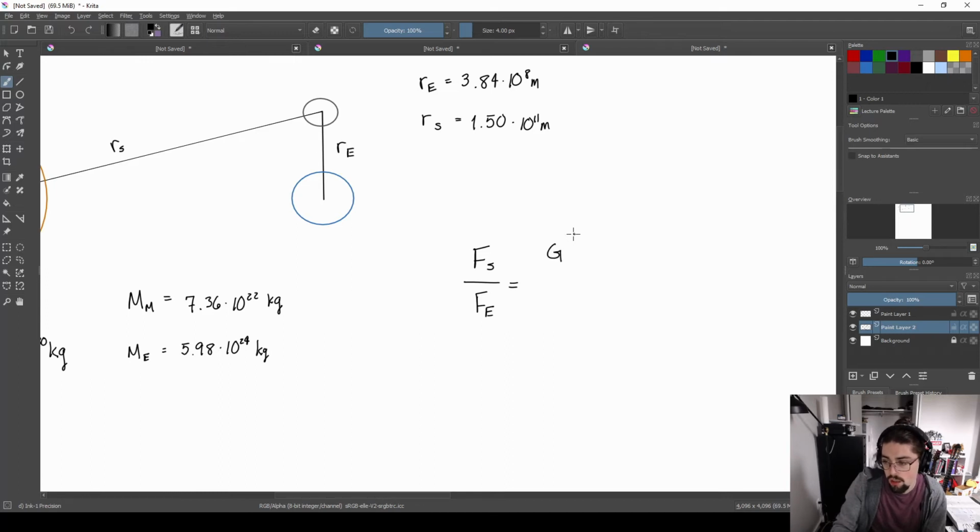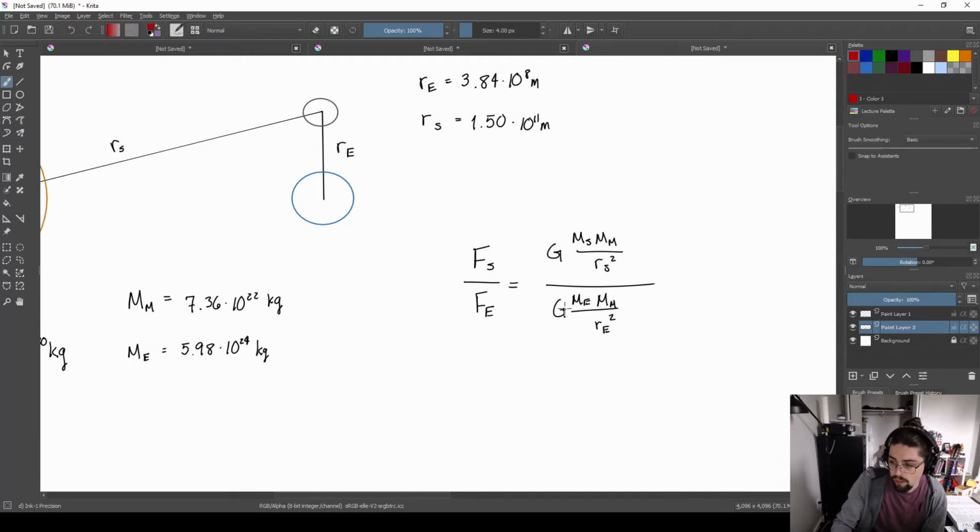So I would say G, looking at the force between the sun and the moon, so it's M_S, M_moon divided by the distance between the two, R sub S squared, divided by the exact same force, but now with Earth. So that is mass of the Earth, mass of the moon, divided by the distance between the Earth and the moon, squared.